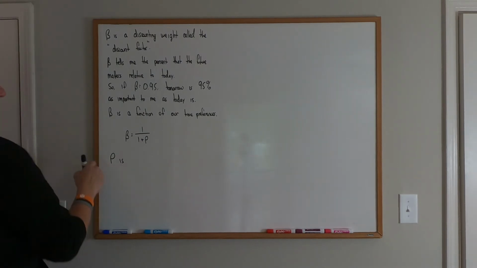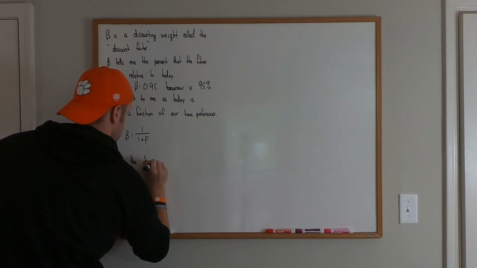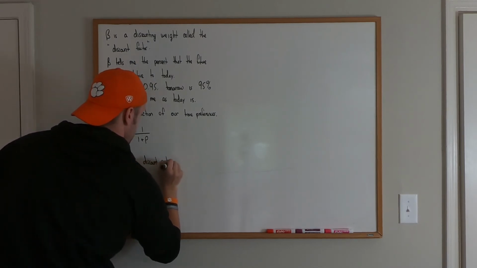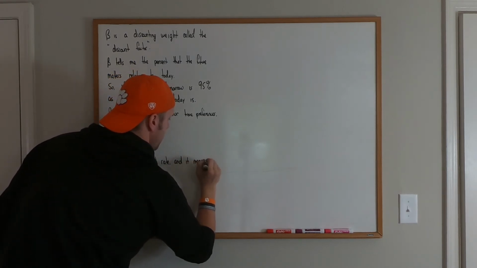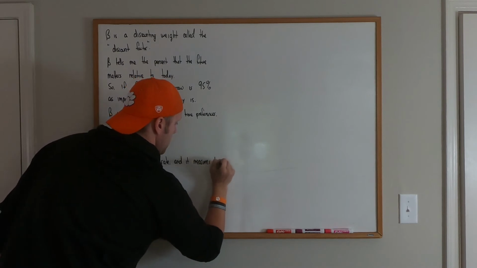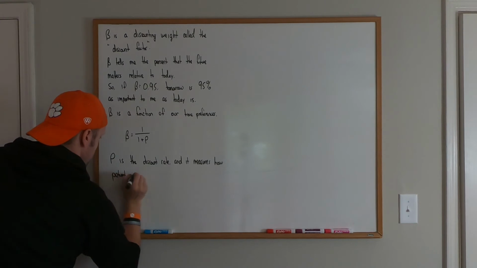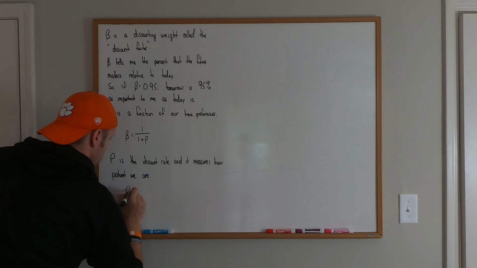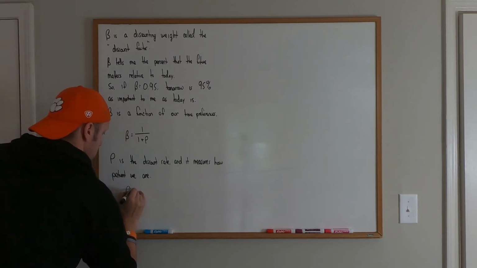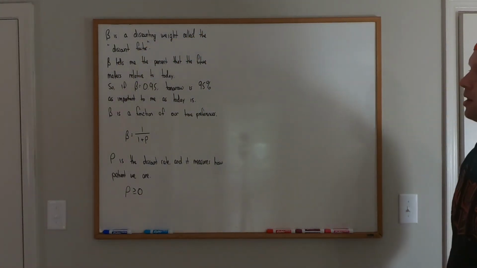Greek letter rho, not a P. Rho is the discount rate, and it measures how patient we are. Rho has to be greater than or equal to 0.